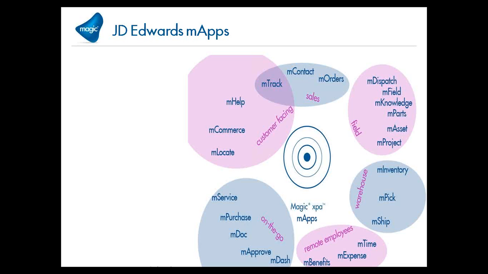Warehouse management is a big requirement where people need to be able to do inventory, to be able to pick and ship materials. Remote employees often need to enter information, provide feedback, things like time and attendance reporting, paid time off, expense reports, benefits inquiries and requests, and so on.